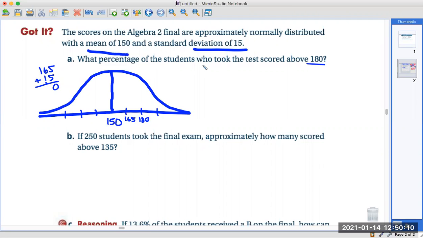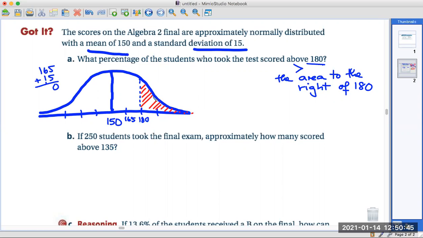What percentage of the students who took the test scored above 180? Above means we want the area to the right of 180. So we want to know how much data is contained in this area right here, including the tail.